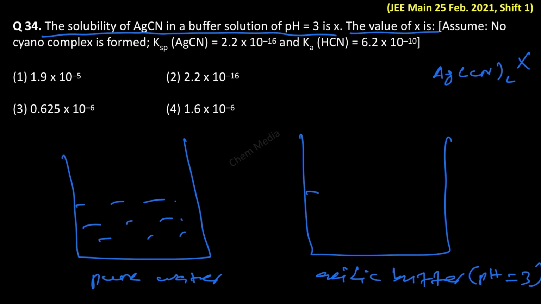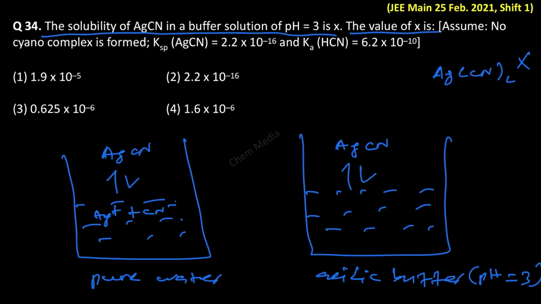pH value 3. AgCN would dissociate as Ag plus and CN minus, but when we are in the acidic buffer medium, AgCN would still dissociate as Ag plus and CN minus, but we do have H plus ions because we are in the acidic buffer.